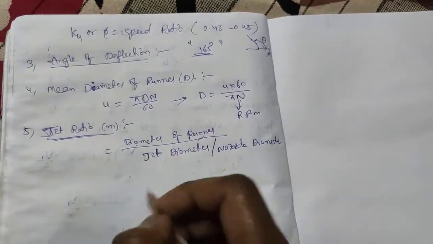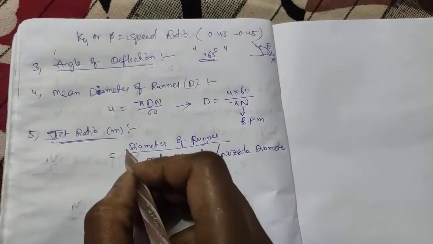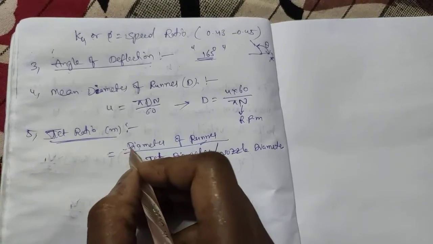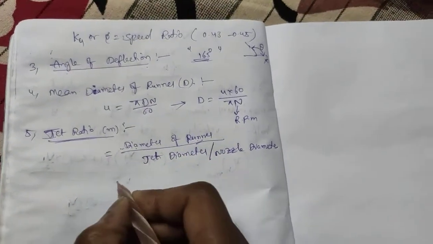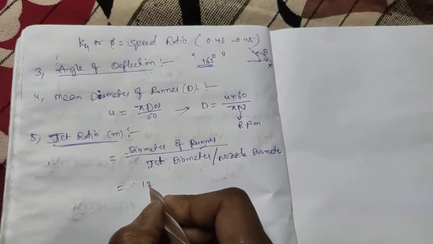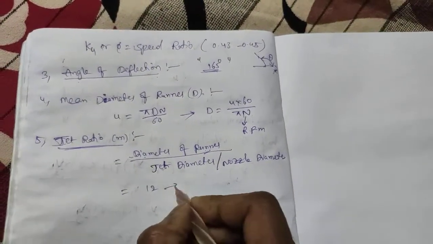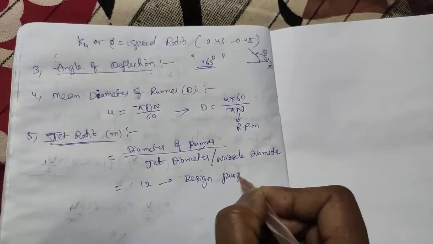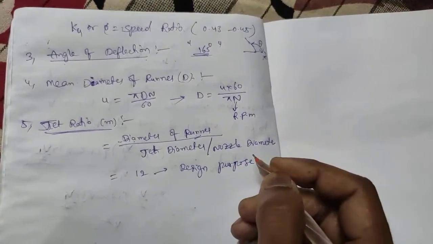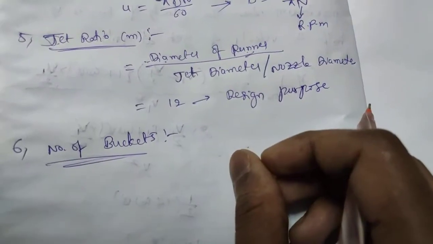In the entire water turbine, we consider only the pitch diameter of the runner. This value should be taken about 12 for design purposes.